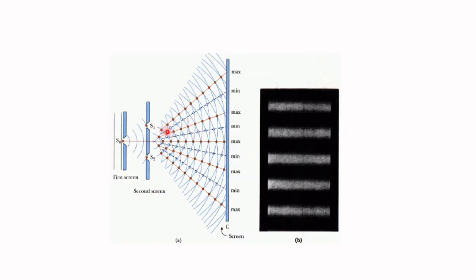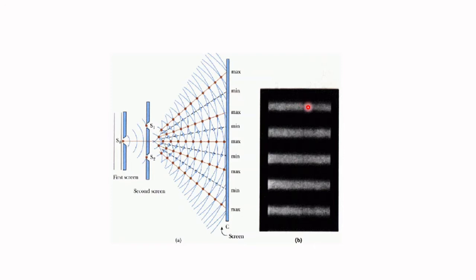The red dots here show crest to crest or trough to trough overlap, which produces maximum intensity. If a crest is overlapped with a trough, you get minimum intensity. So this is of maximum brightness, and this will be of minimum brightness.